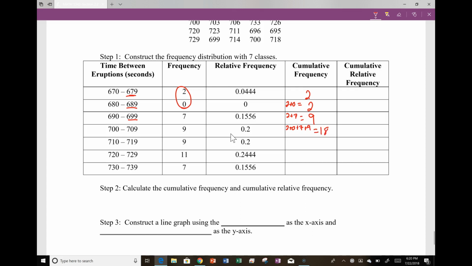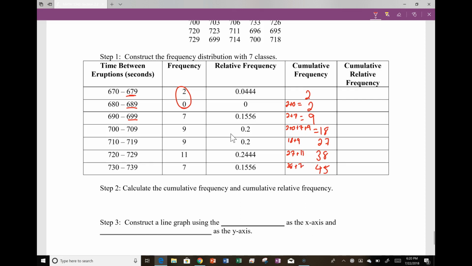And we just keep adding the next value down. So I get 27, I get 38, and I get 45. What I did here was I took 18 plus 9. I took my 27 plus 11. And I took my 38 plus 7.